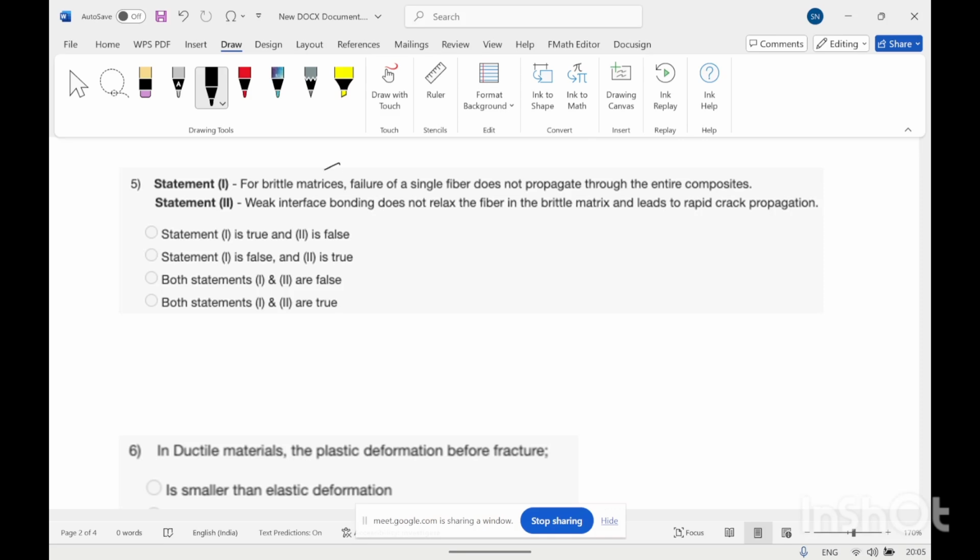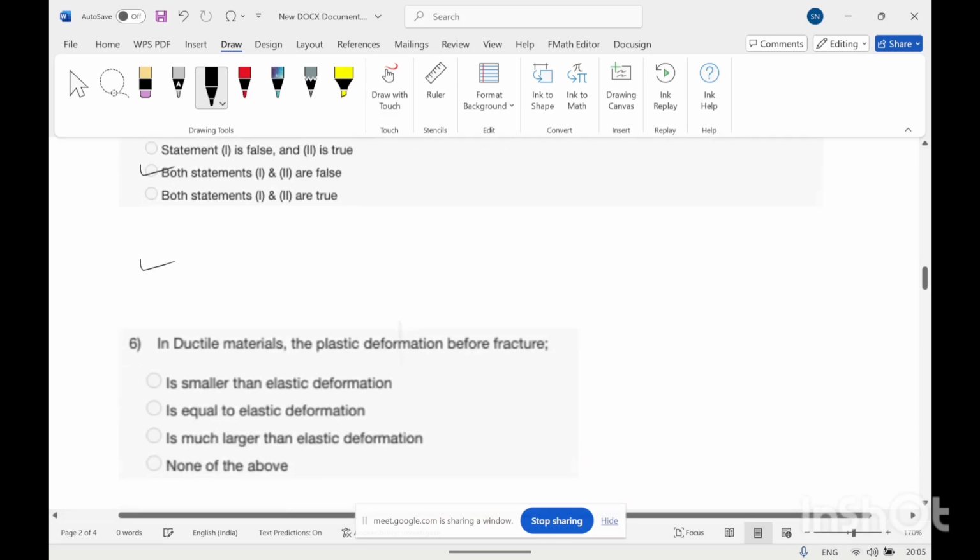So this is wrong. Statement 2: weak interface bonding does not relax the fiber in the brittle matrix and leads to rapid crack growth. This is also wrong, because weak interface bonding relaxes the stress in the fiber from the brittle matrix through debonding. So both statements are false, which means the correct option is C.